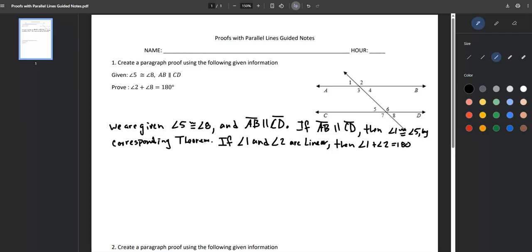Okay, so now let's look at this. As you go through this, I have angle 1 is congruent to angle 5. Okay, and then angle 5 is congruent to angle 8.